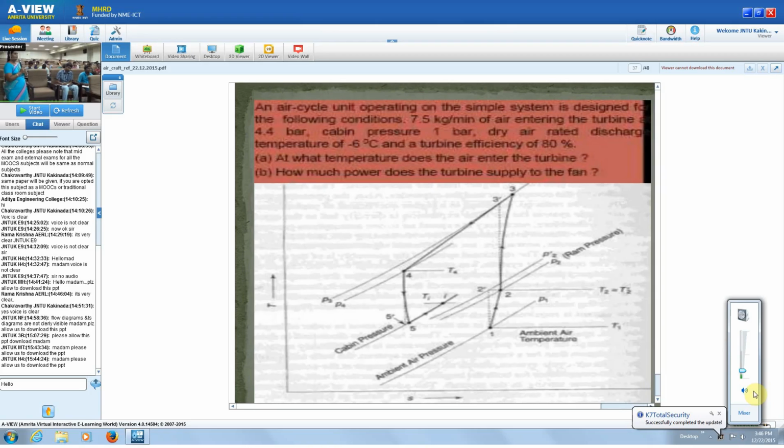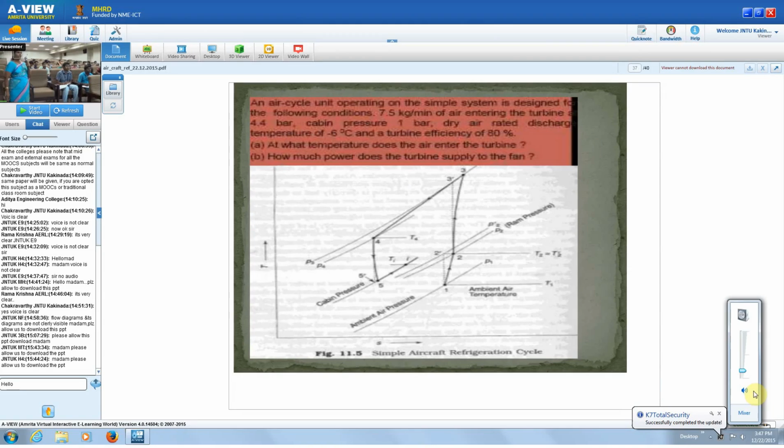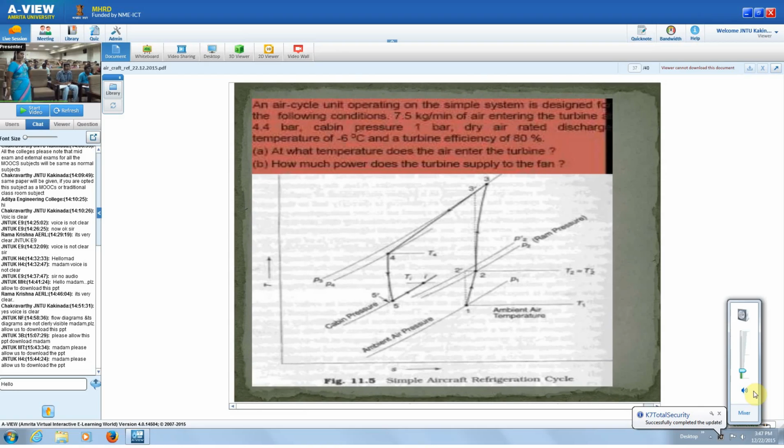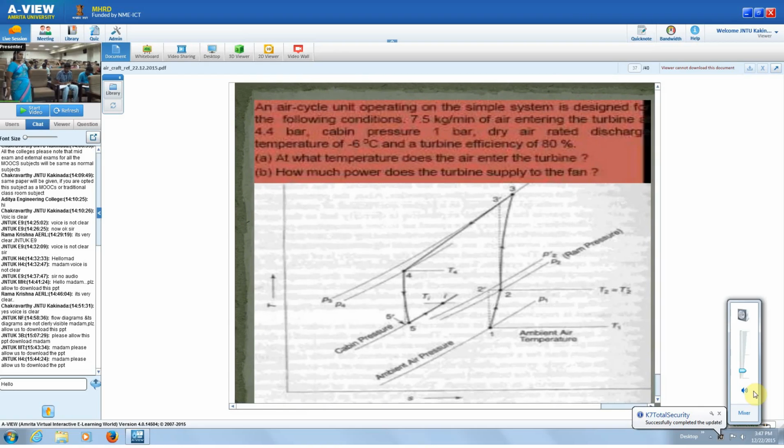An air cycle unit operating on simple system is designed for the following conditions. 7.5 kg per minute of air entering the turbine at 4.4 bar, and the cabin pressure is 1 bar.